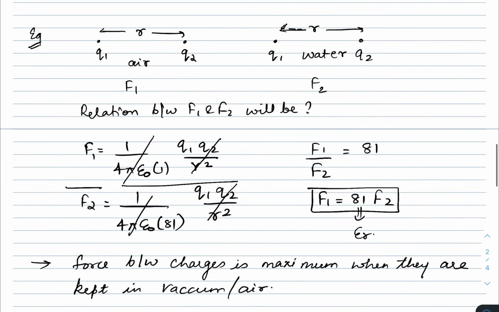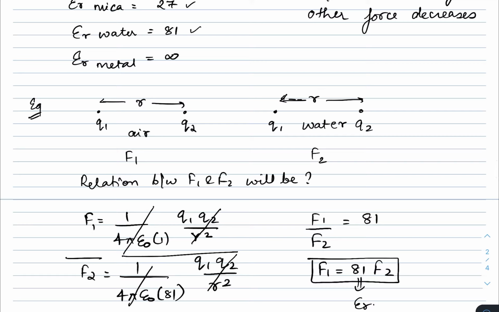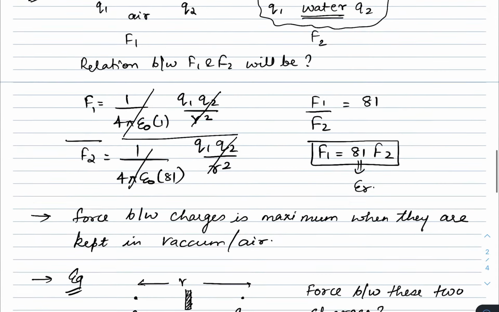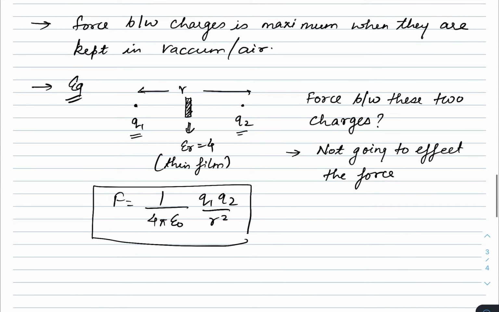In the earlier situation there was water and the charge was inside water, that's why I wrote 1 by 4 pi epsilon naught into epsilon R. If the charges are in air, then you write 1 by 4 pi epsilon naught, considering it to be in air, right? So the force will not get affected.